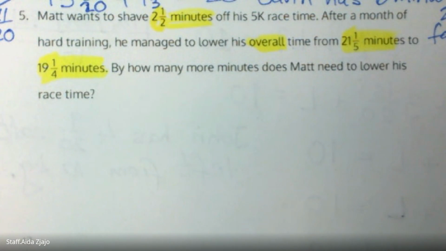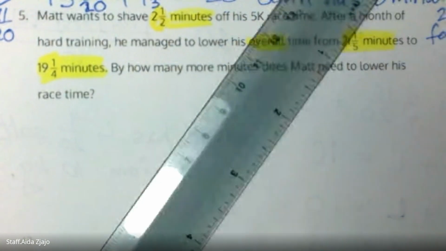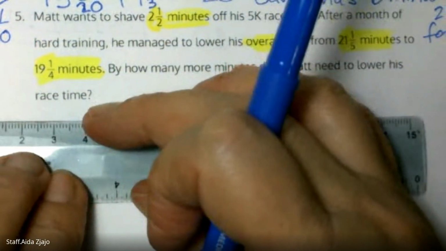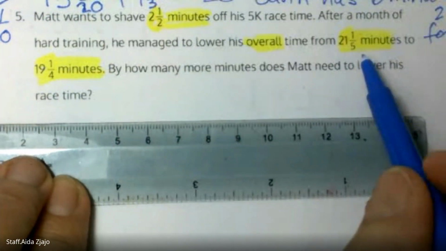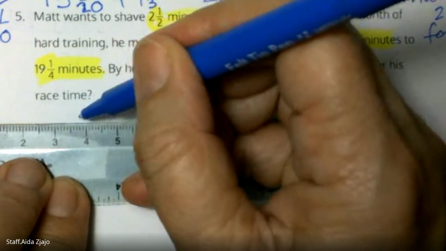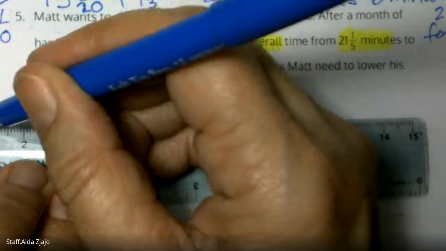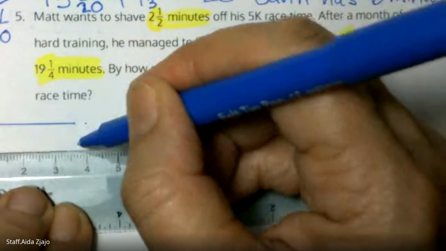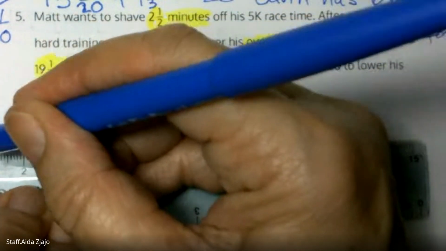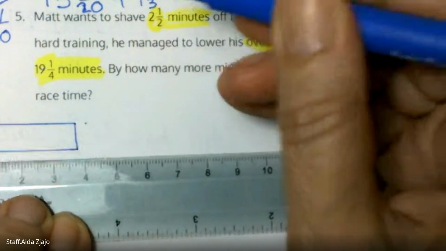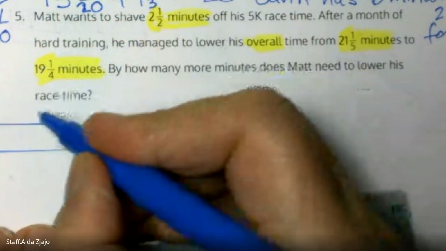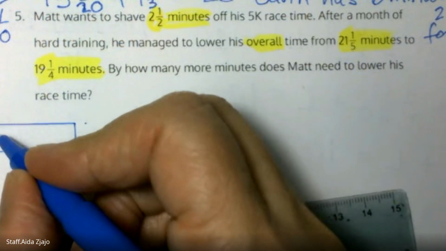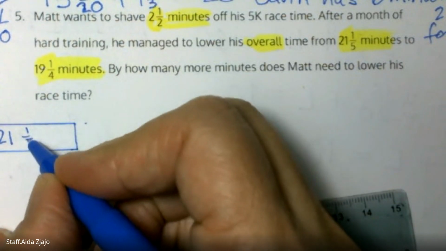So if we look at this, we can make a model of it. Just a simple model: this is the overall race time, 21 1/5.